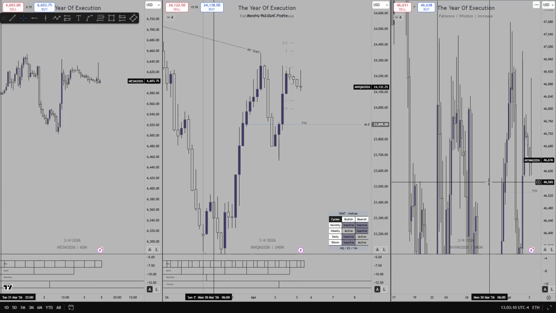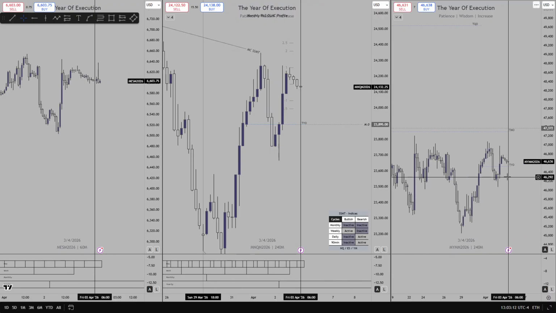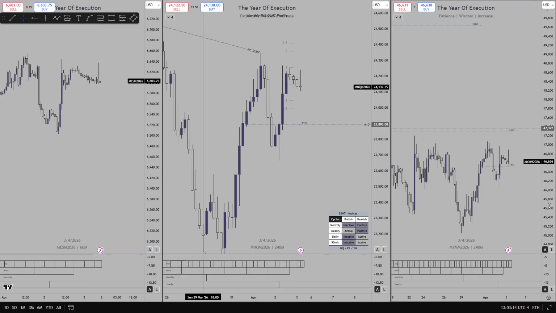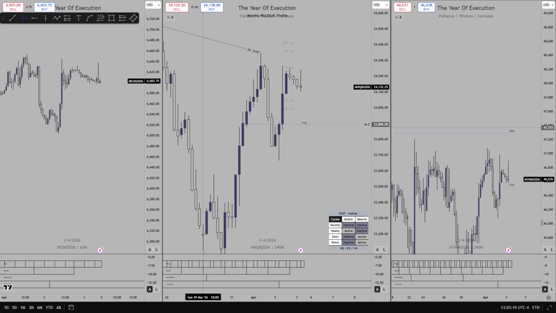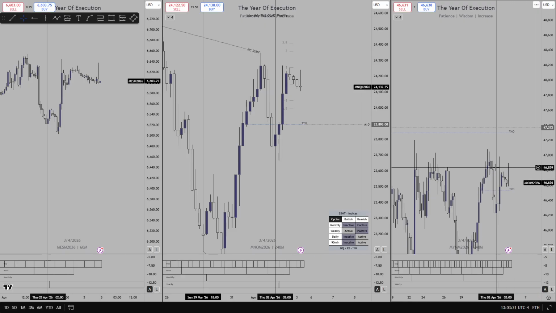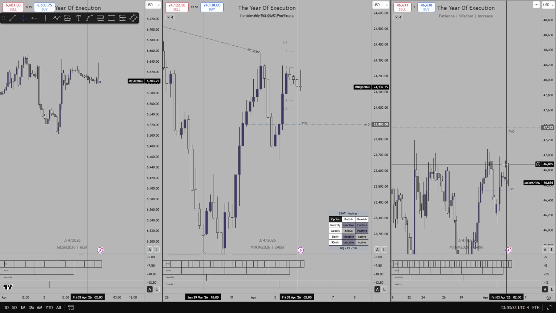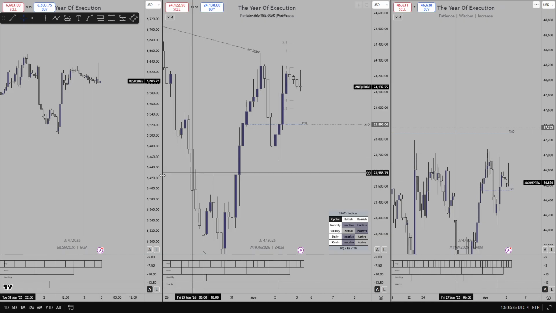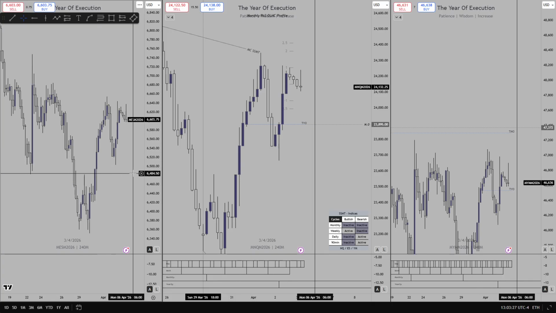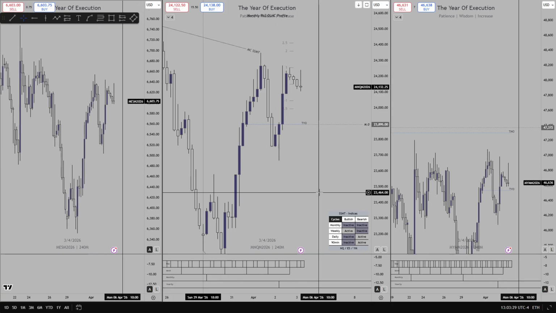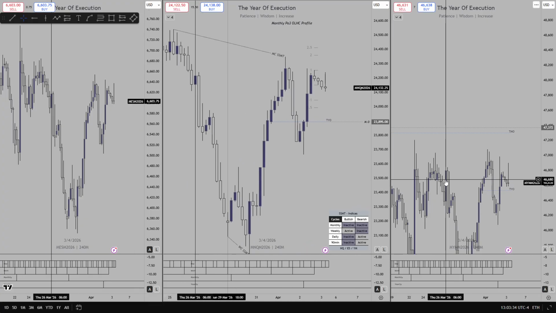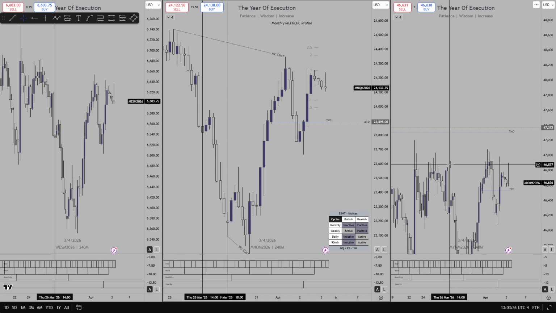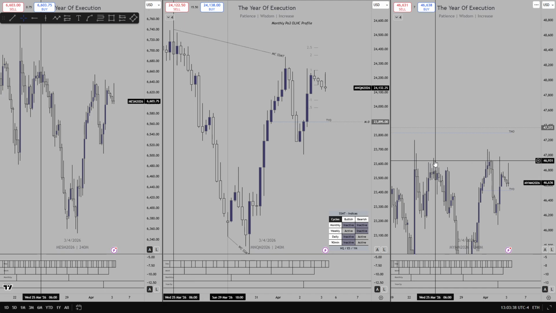Retrace off that CB. After we retrace, we kind of made a little swing there, almost like a hidden.